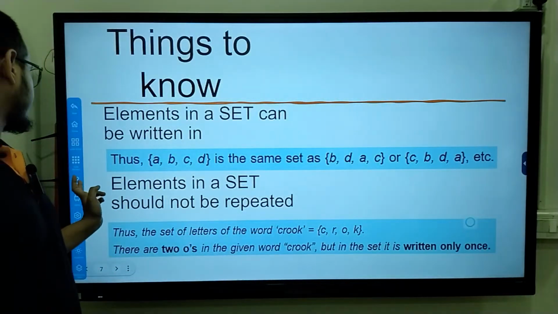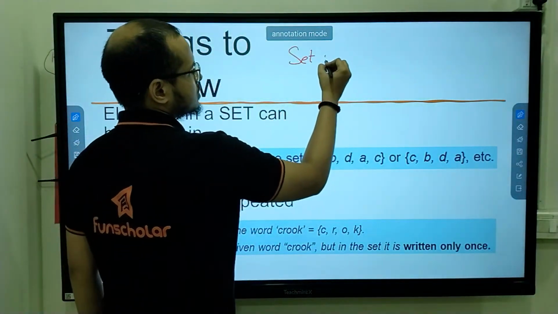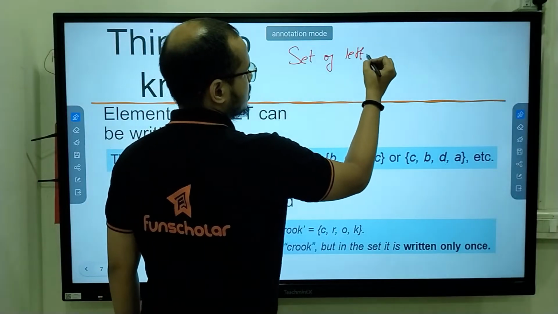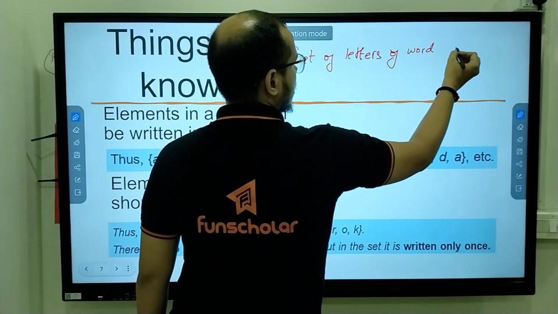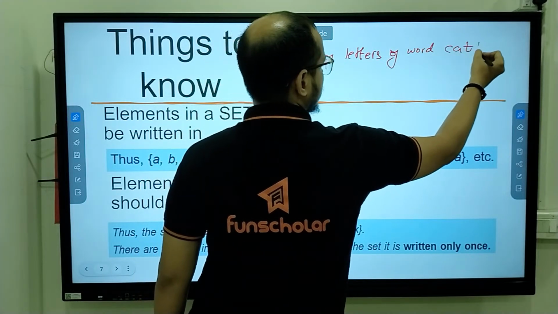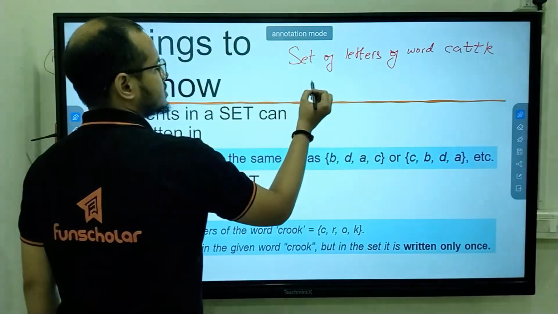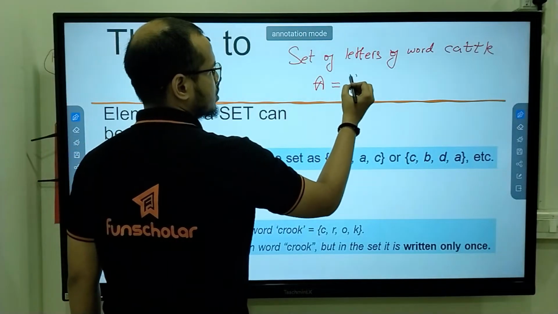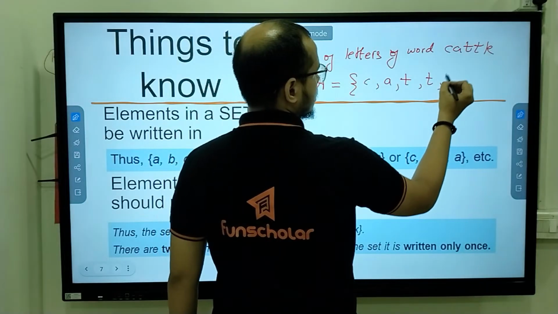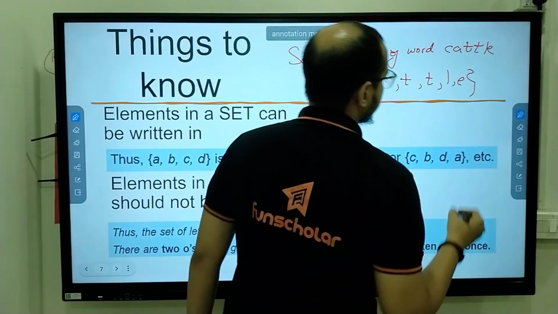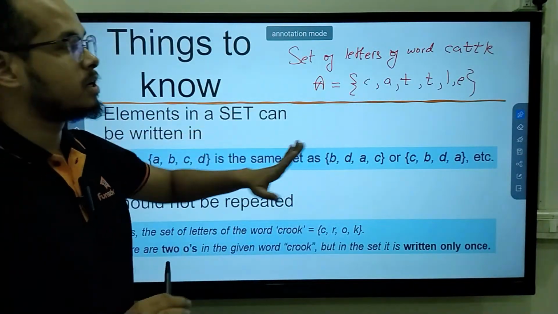So if I write the set of letters of the word cattle, set A is equal to C A T T L E. You can see the double T is present, but that is not allowed.